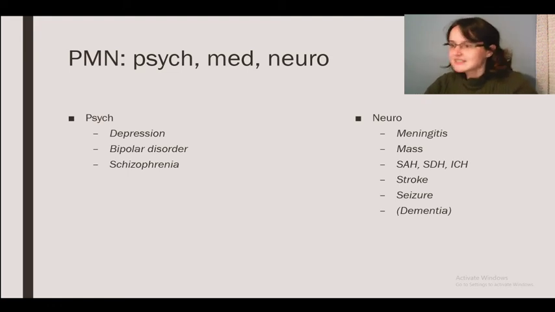They might have a mass, a space-occupying lesion. Often that will be in the frontal lobe, because that's where all your executive function and personality happens. It could be an abscess or a tumor or whatever else have you. Your SA, SD, and IC. So subarachnoid, subdural, and intracranial hemorrhages. If they've got a bleed, that can make you a bit spacey.